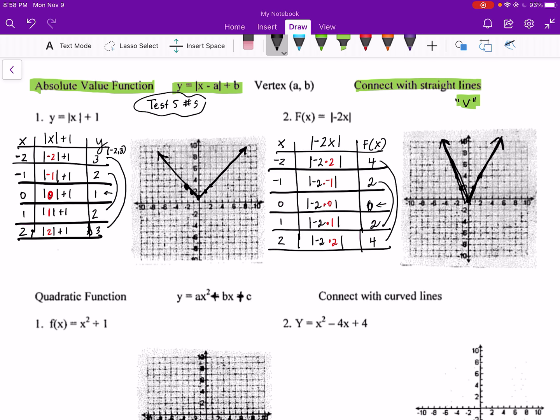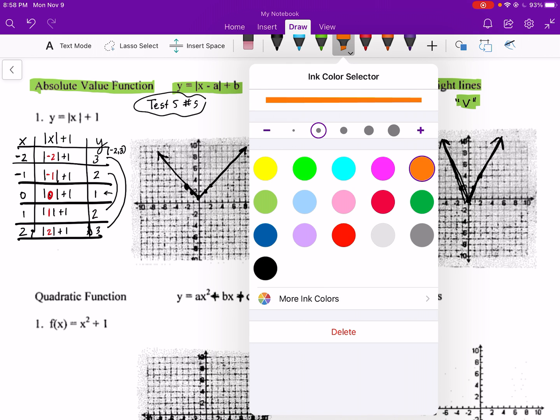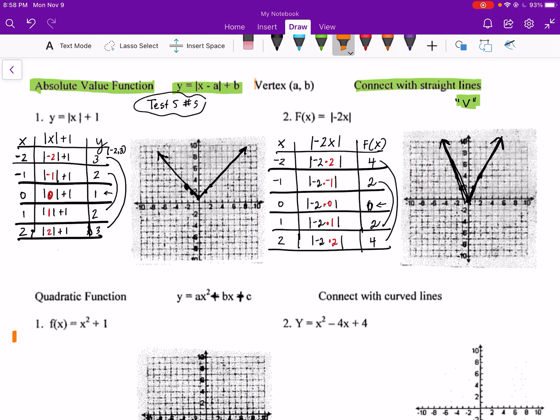Now, I want to talk about this whole vertex situation. Let me pick up a different color to highlight. So vertex, it says A and comma B. The vertex is the very center. This is referred to as the vertex, the point where those two lines meet, because if you covered up one part, you really just kind of have a ray, it's called a partial line.